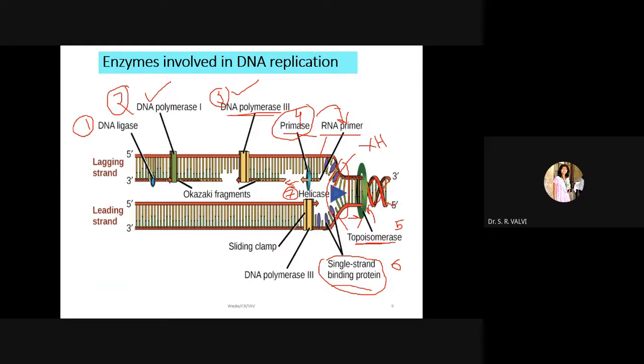But DNA polymerase I removes these RNA primers. Once the RNA primer is removed, then the gap is filled, so the length of the newly synthesized DNA is maintained, right? So the RNA primers are removed and replaced by DNA by DNA polymerase I, right?